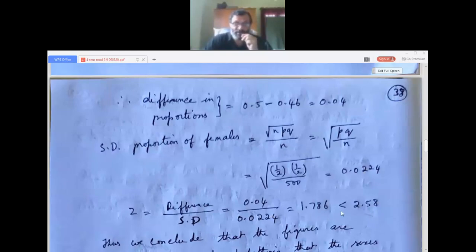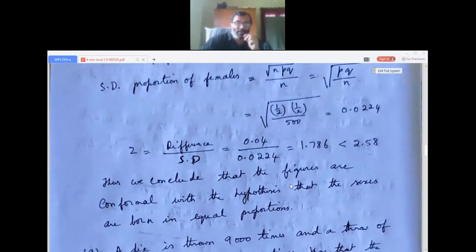I have told it in the theory. So the 1.786 that I get is less than 2.58. Thus we conclude that the figures are conformal with the hypothesis. So less means it is conformal: the sexes are born in equal proportion. It is accepted. If the value you get is less than 2.58, the hypothesis is accepted.